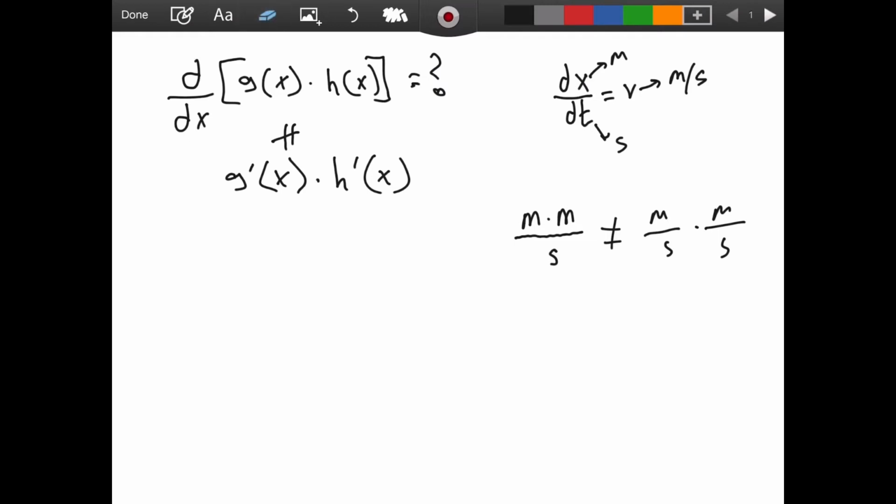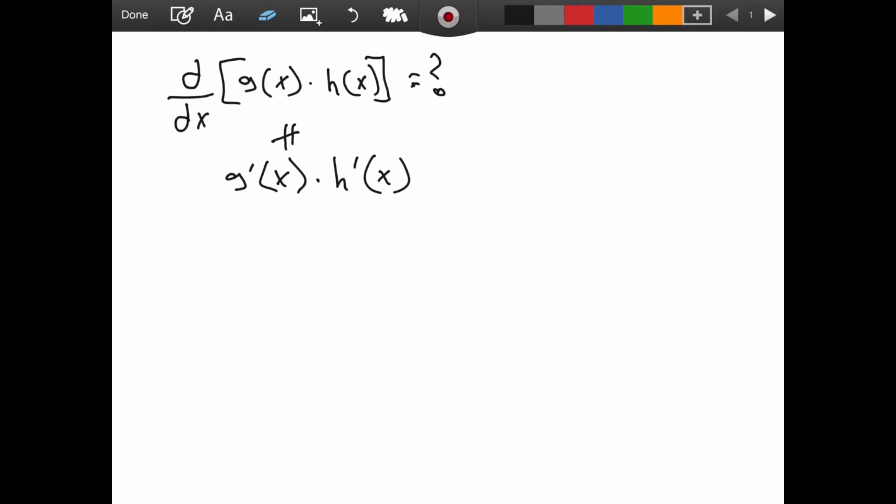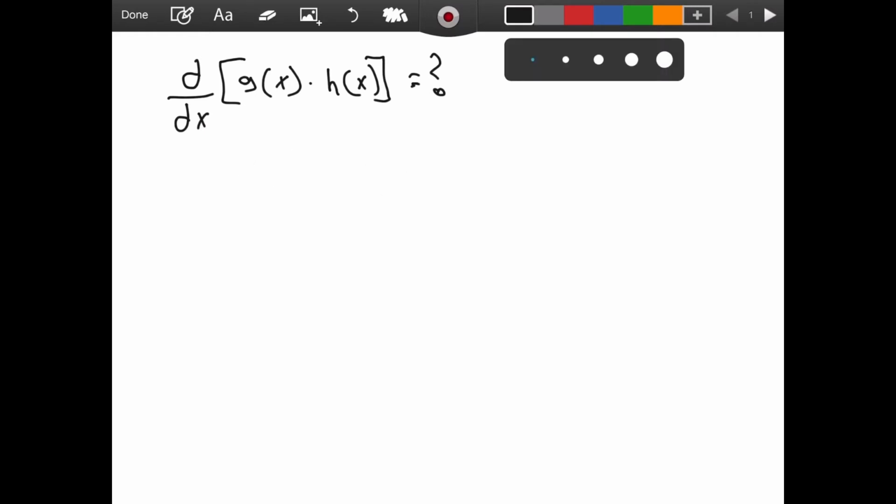So let's do it the right way. Let's find the right formula that we can use. And maybe at the end we can even do a unit check, or you can do a unit check yourself. The way I want to approach this problem is to first write the definition of a derivative.